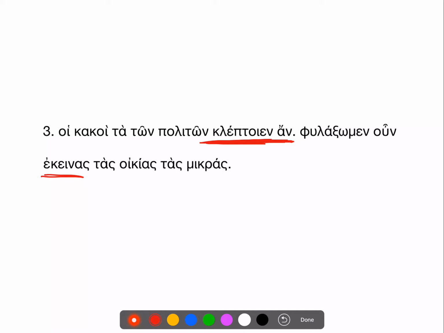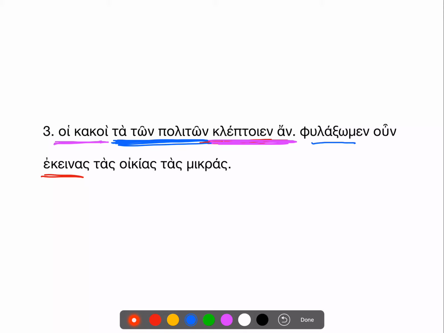There's that ἐκεῖνος, those. All right, so the subject is hoi kakoi. The bad guys might be stealing. Notice it's present optative active. The bad guys might be stealing ta tone polytone, neuter plural accusative, the stuff of the citizens.